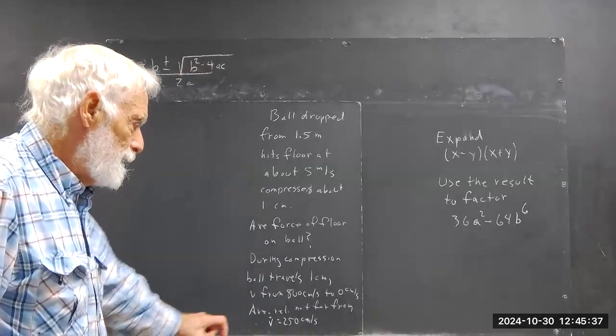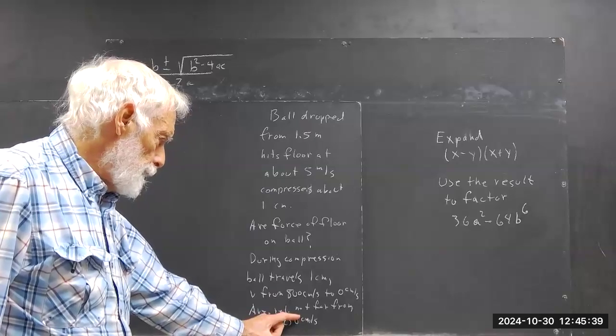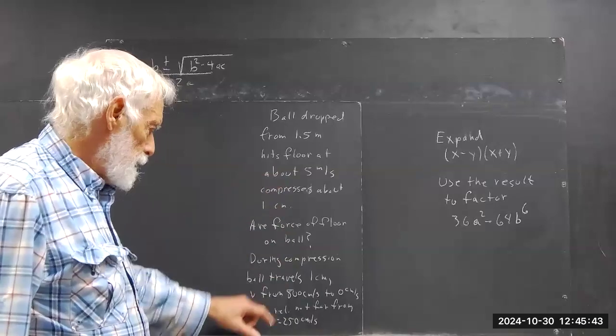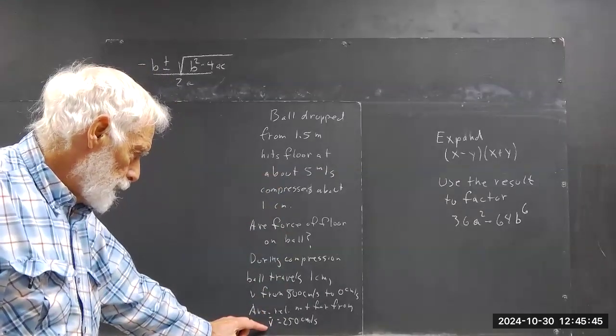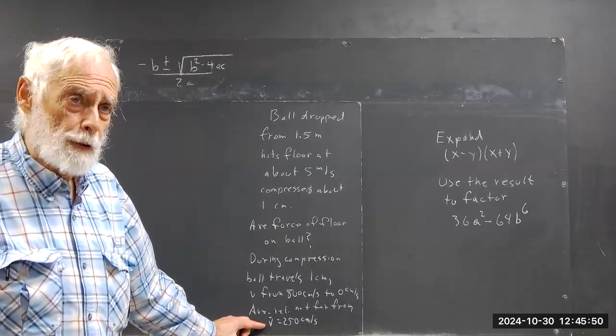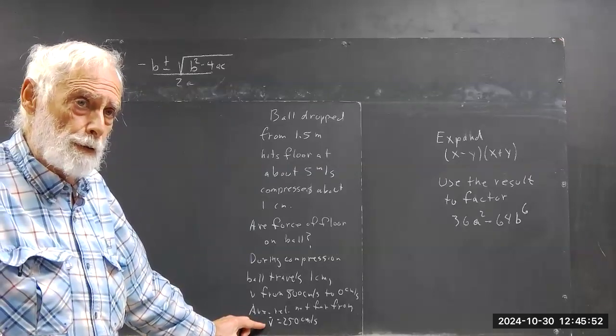So the average velocity, you might have trouble reading that. I'm writing a little bit fast. The average velocity is not much different. I said not far from, which is kind of not quite the right way to state it, but you understand what I mean. It's pretty close to 250 centimeters per second. It's going from 500 to 0.